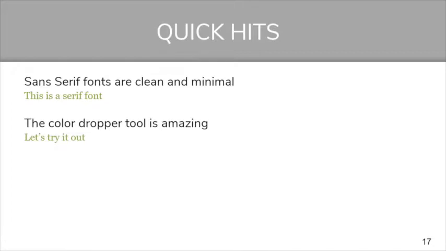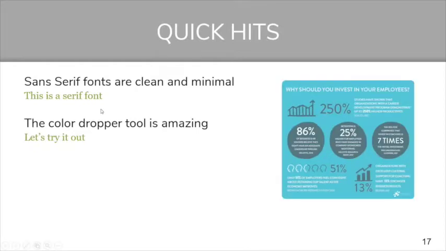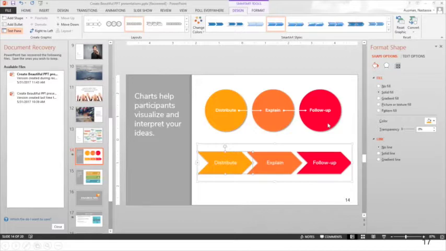Another tip is the color dropper tool. So I really love this tool because it adds a nice element to your PowerPoint presentation. Let me show you how it works. See how my text is in green, and this is a picture that I have used in another training. So see how this picture is a specific kind of blue? There is a way that you can make this text match this blue exactly.